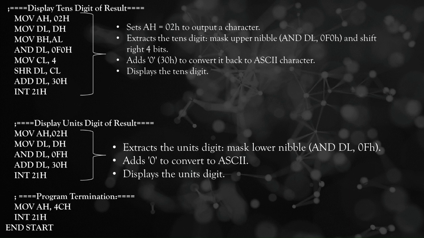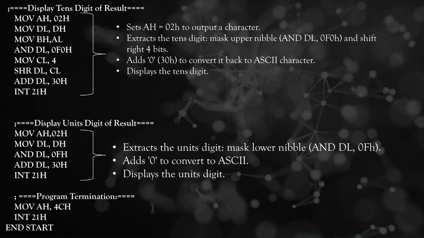Now, to display the tens digit of the result, I copy the result byte from DH into DL, then mask it with AND DL, 0F0H to leave only the high nibble. I shift right by 4 bits to bring the tens digit into the low nibble. Then I add 30H to convert it into ASCII and call INT 21H to print it.